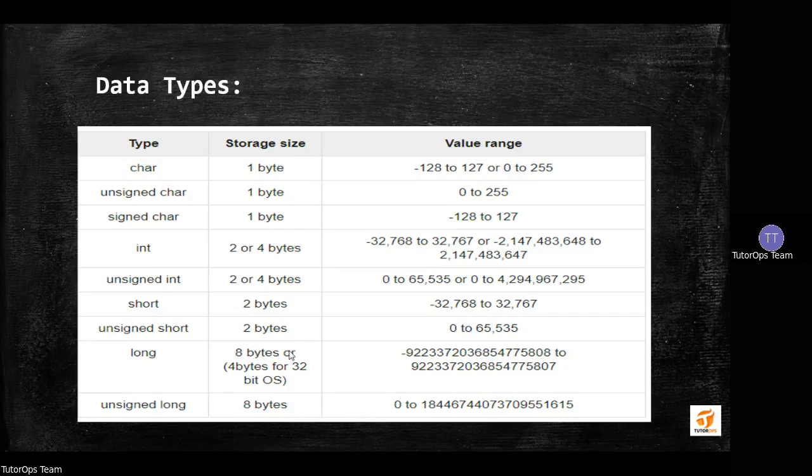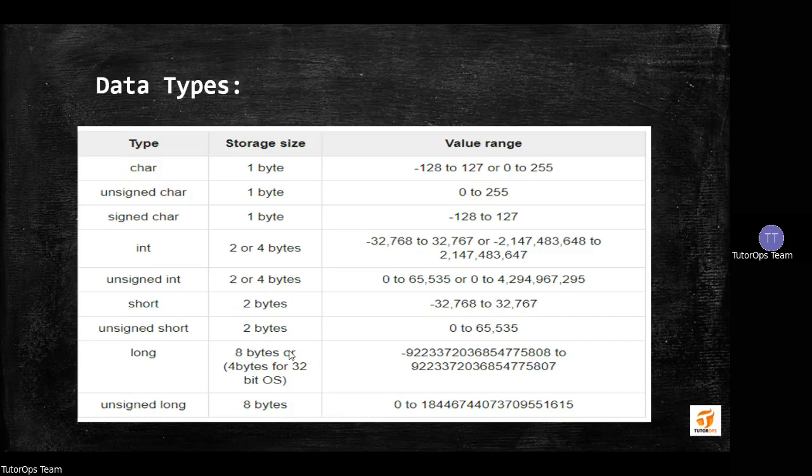Short is 2 bytes, with minus 32,768 to 32,767. So if you are declaring any short type variable, that means it's an integer type variable with the range of this value. If you go over the top of this range of the int value, then it will throw an error. Same for unsigned short.